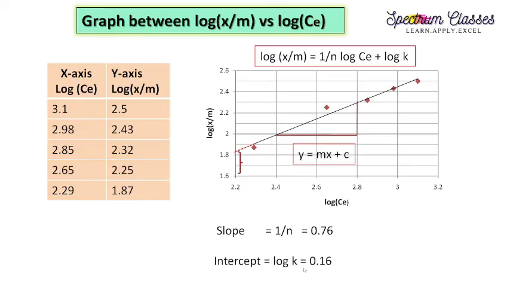So intercept is equal to log k, which is equal to 0.16. And from here, we can evaluate the value of n and k, right? So here is the value of n and k. And our data follows the Freundlich adsorption isotherm, as we get the straight line here between log x upon m and log CE value.